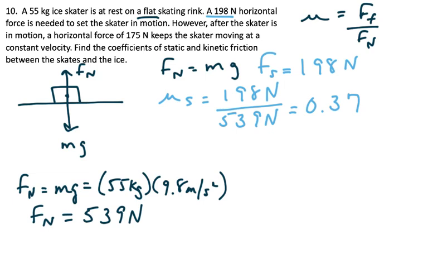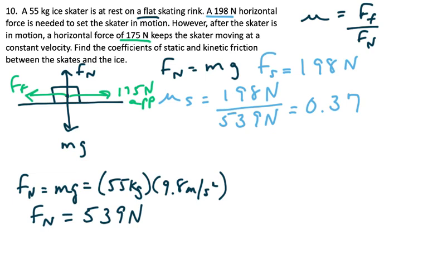Do the same thing. Now we're going to talk about the kinetic friction. It requires 175 newtons to keep it moving. But you don't have any acceleration at all. So that means that your applied force is exactly equal to your frictional force.